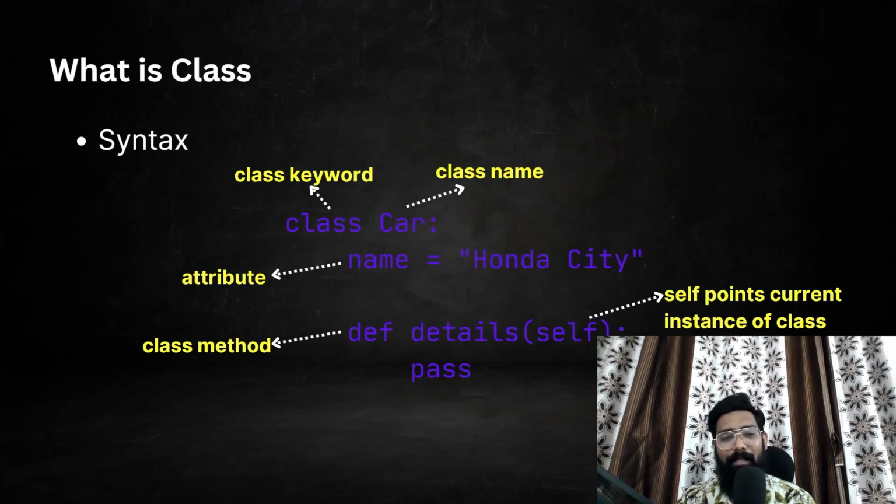As we have defined name and details inside a class, that's why they become an attribute and a method. You will see that this particular method has one parameter, which is self. Self is the current instance of a class. What is an instance? What is self? How will this self work? All these things we are going to discuss later in this series.